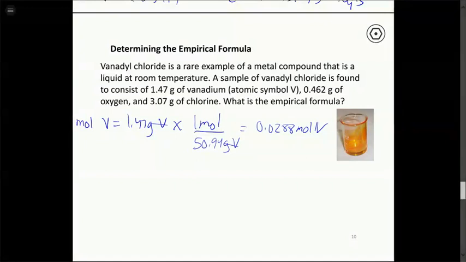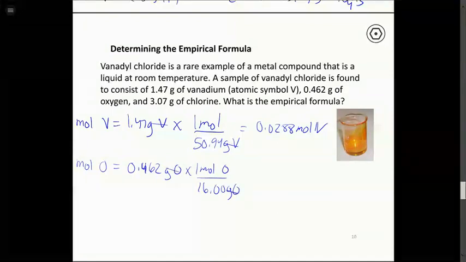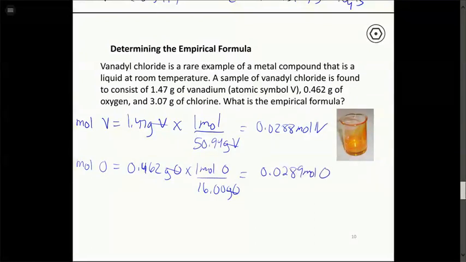Alright. We do the same thing for the other elements. Moles of oxygen, we have 0.462 grams. 1 mole of oxygen has a mass of 16 from the periodic table. So grams cancel, we convert into moles, and we get again about the same amount, 0.0289 in this case, if we're being careful with our rounding.